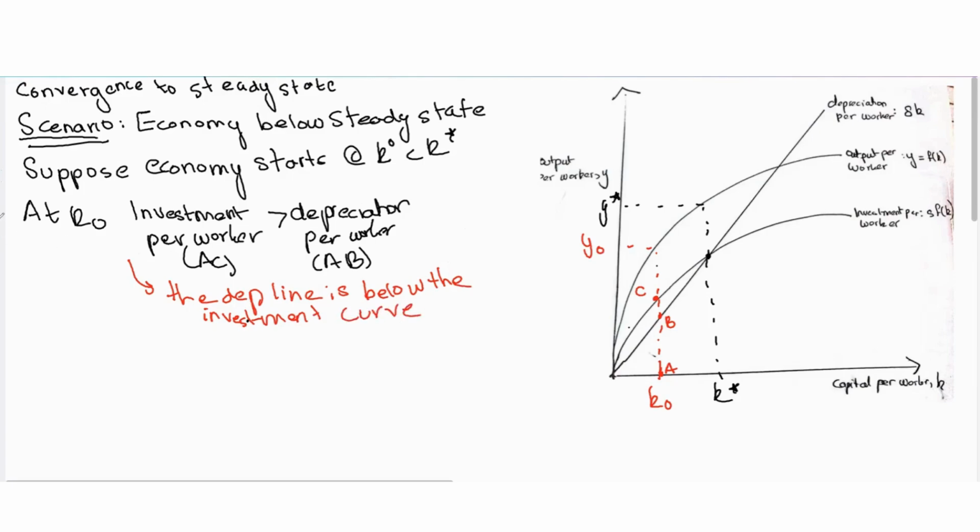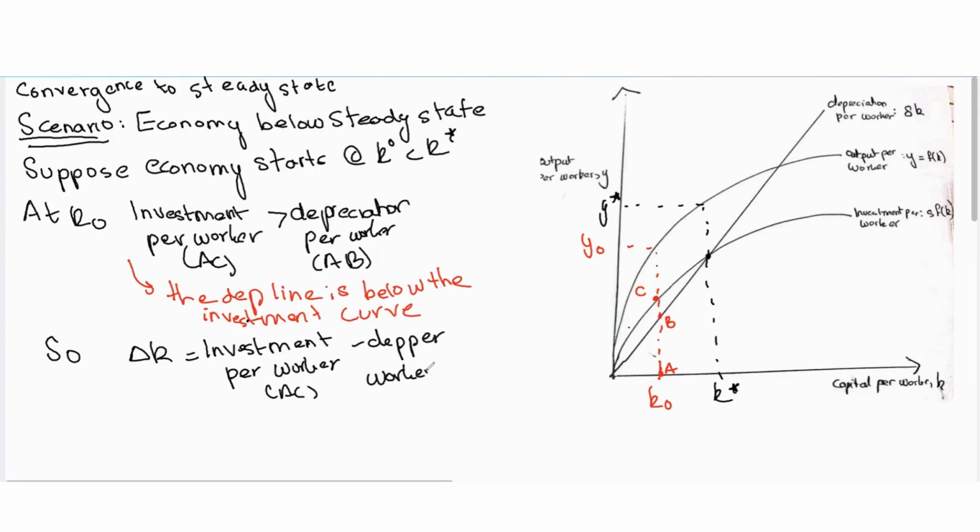So what this means is that delta K, the change in capital per worker, which we know is equal to investment per worker, which is AC, minus depreciation per worker, which is AB, is greater than 0. You can show it over here as well.